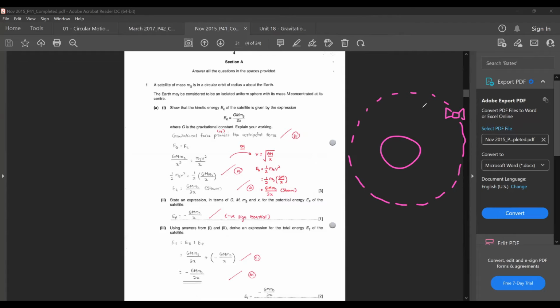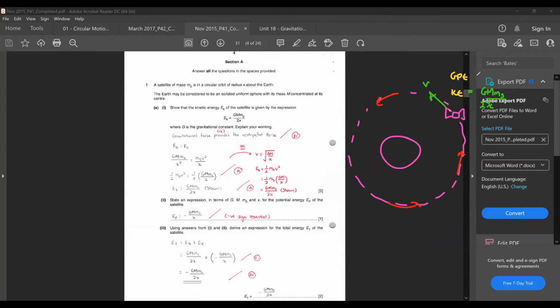When your satellite is moving in a circular orbit like this, it will have GPE, it will have KE. It has KE because it is moving, it has motion. In the first place, we already see that it has linear speed v. So it must have kinetic energy, which we already found out as GMMs over 2X, sorry.